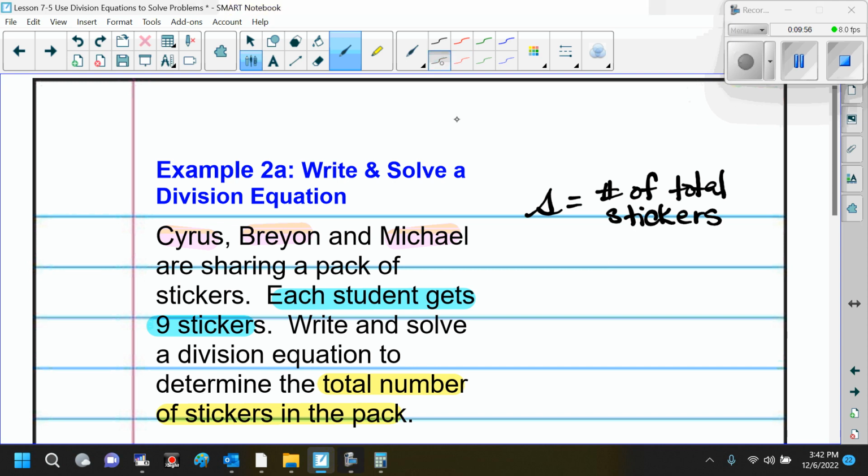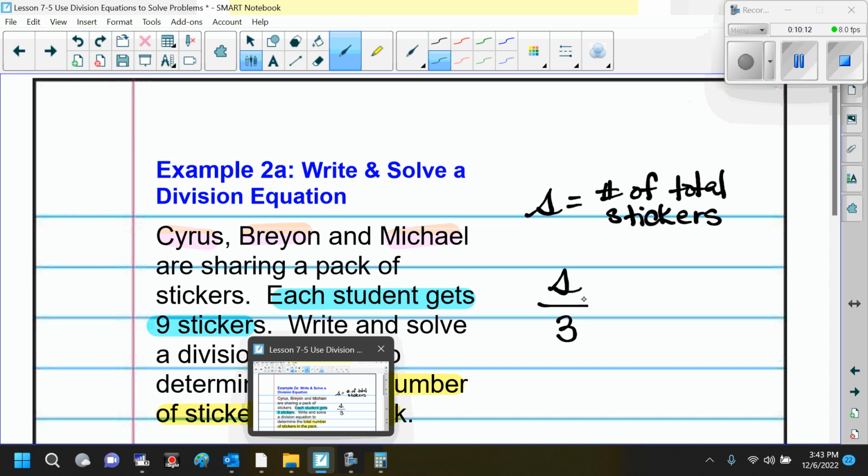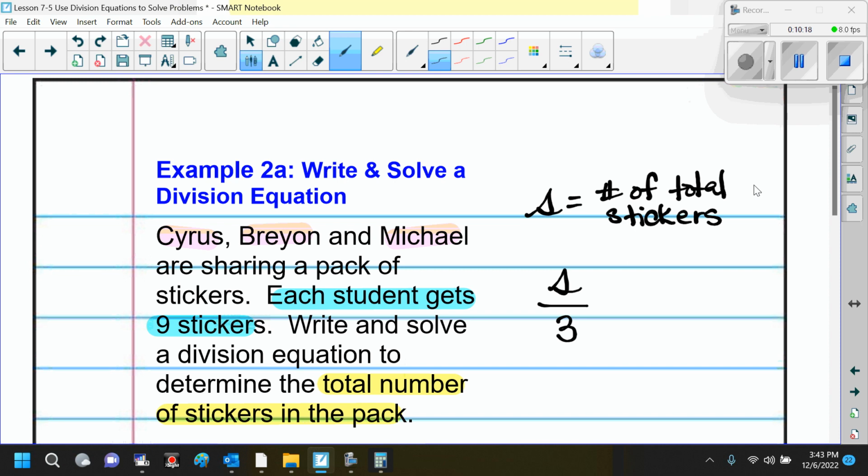So let's see. We've got the total number of stickers, that's what we don't know. That's our S for stickers. And we're going to split this whole thing up with 3 friends. And then once we split those up, then each student or each friend gets 9 stickers.